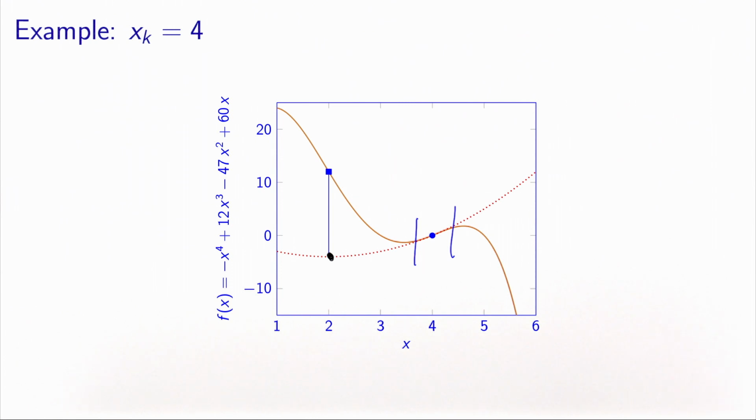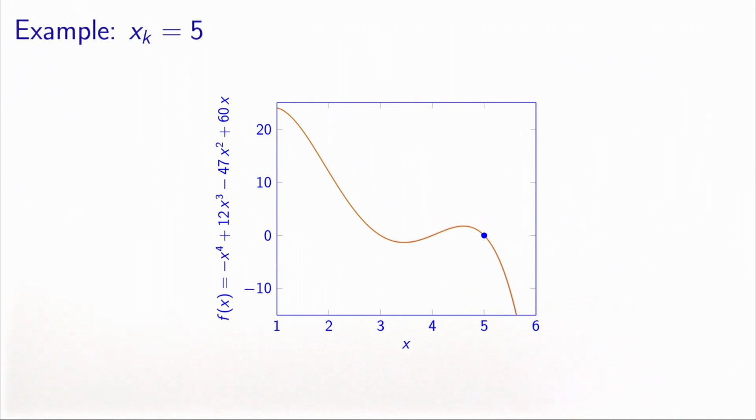When you look at the minimum of the parabola, which is something like xk equals 2, well, in this area, the function and the model do not match. So the model is a very poor approximation of the function at that point. And in this case, the method will not work because it generates points which are worse than the previous one.